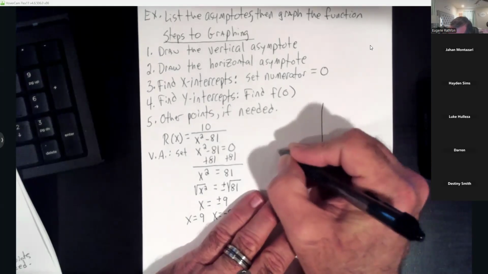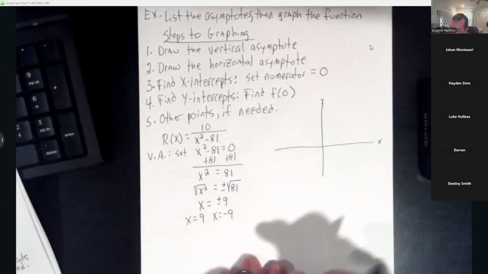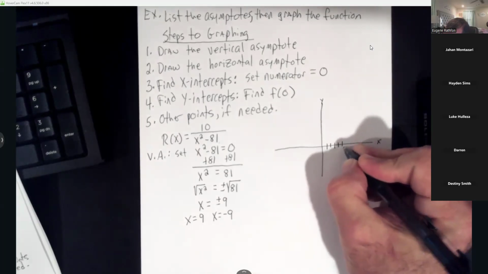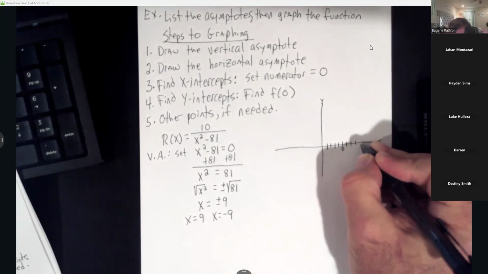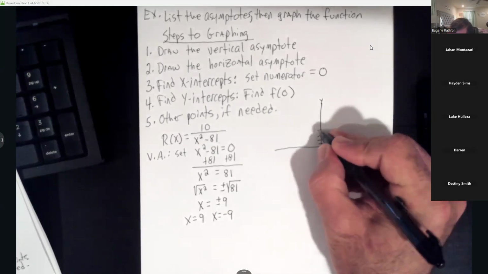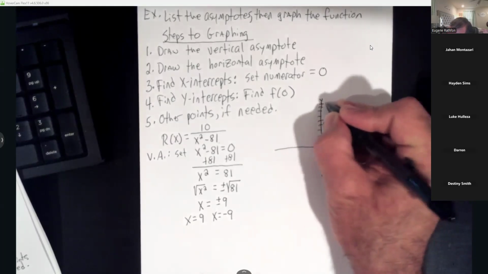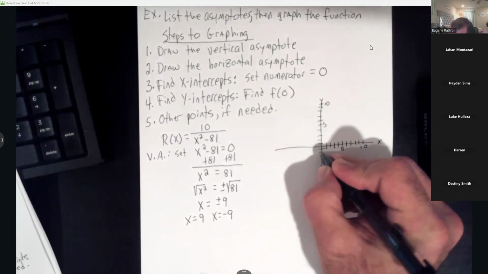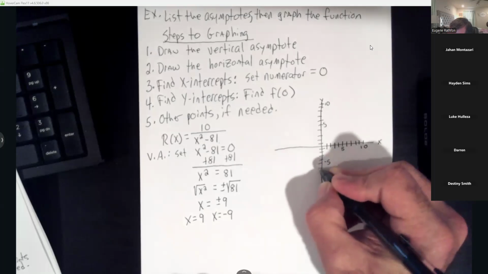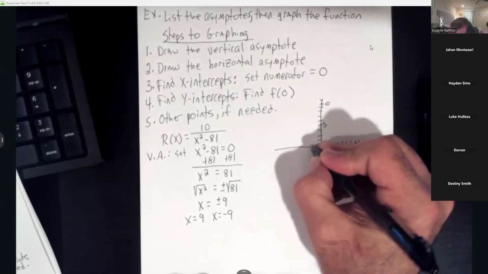Okay, so y'all, let's sort of get me a graph going here. So I'll go out about 10 on this one since they got vertical asymptotes at 9. And then negative, and then go left.